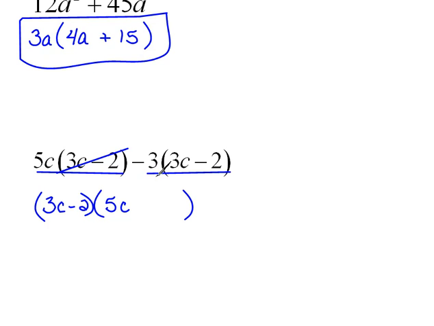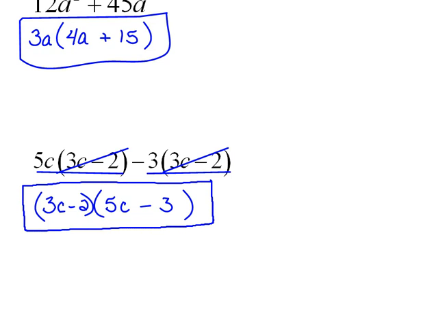And if we were to pull it out of this second term, we would have a minus 3. Now, if I were to distribute that (3c minus 2) back throughout the parentheses, I would get right back to where we started. So this is factoring out a binomial, which works the same way.